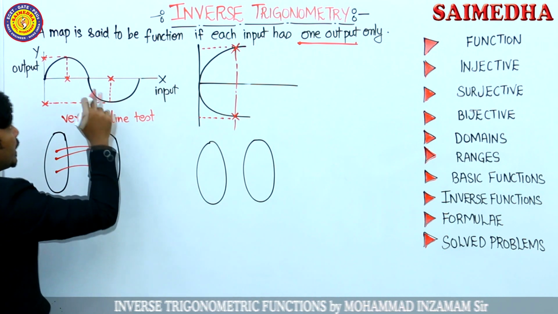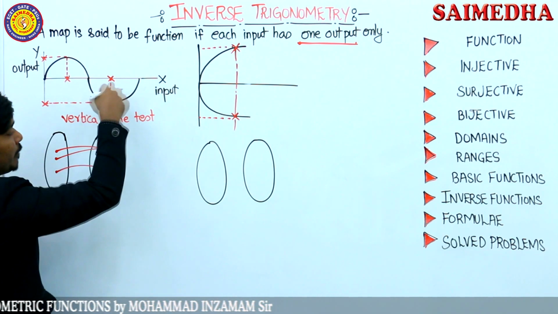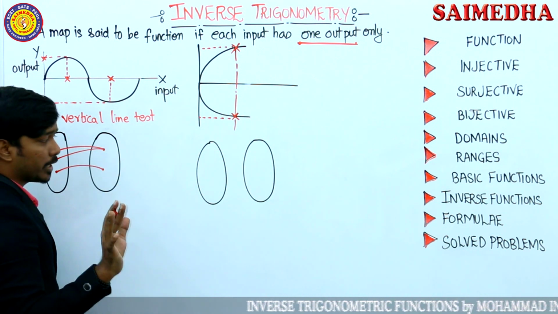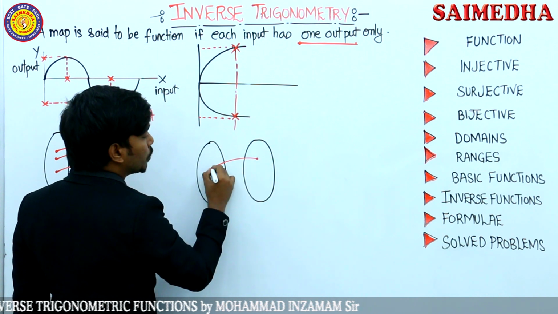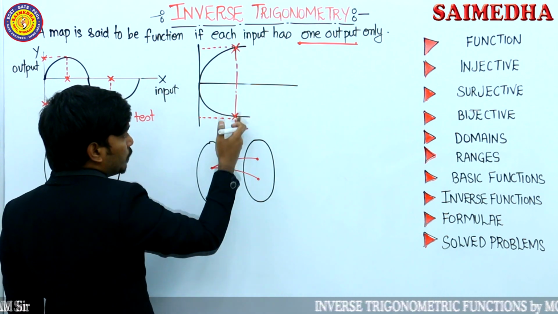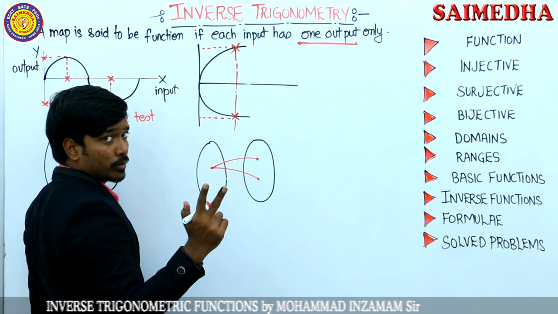Yes or no? Sin pi is 0, sin 2 pi is 0, sin 3 pi is 0, because it is a sine wave. So many inputs can give you one output, that's okay. But one input should not give you more than one output, guys. Here, for one value of x, how many values of y are there? Two values of y, guys.